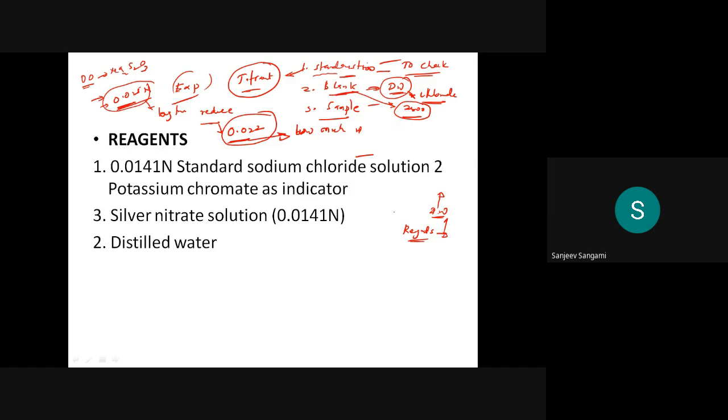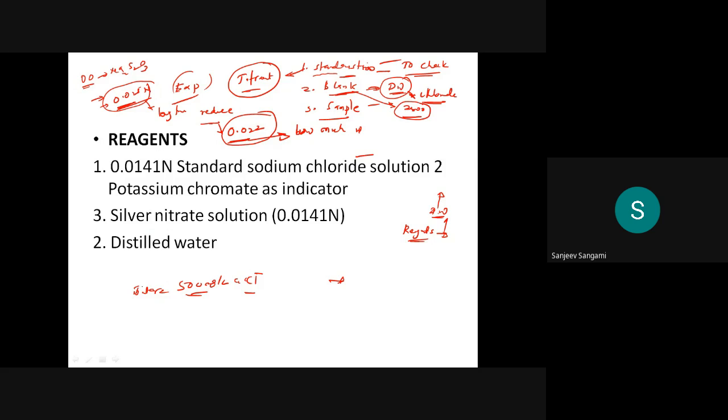Whenever you finalize the overall result for the water sample where you are measuring chloride, assume you got 500 milligram per liter of chloride in the water sample.